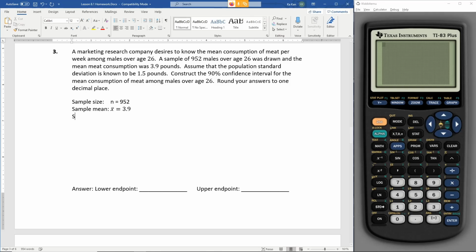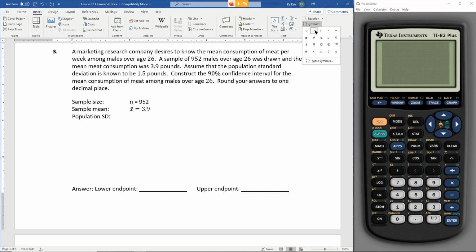Then the population standard deviation, which is this symbol right here.